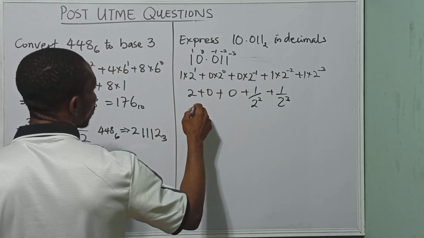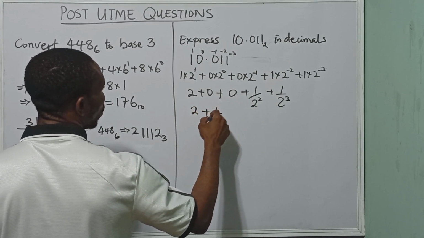So here we have 2 plus 1 over 4 plus 1 over 8.